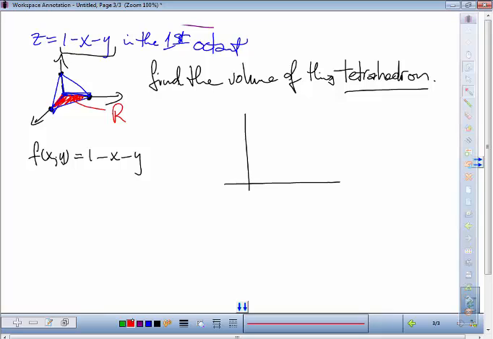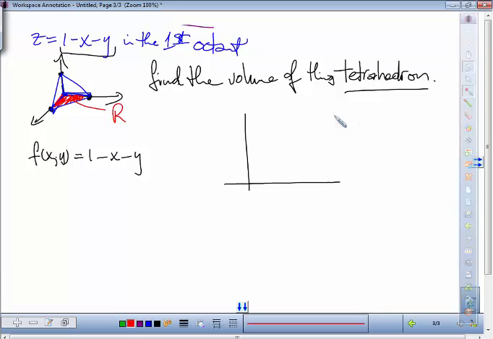But let's say you weren't three-dimensionally inclined. Are you guys three-dimensionally inclined? Maybe. For those who are not three-dimensionally inclined, how would we imagine how to find this on the xy plane? So the key is we want the intersection of this plane, z is equal to 1 minus x minus y. We want to see where that intersects on the xy plane.